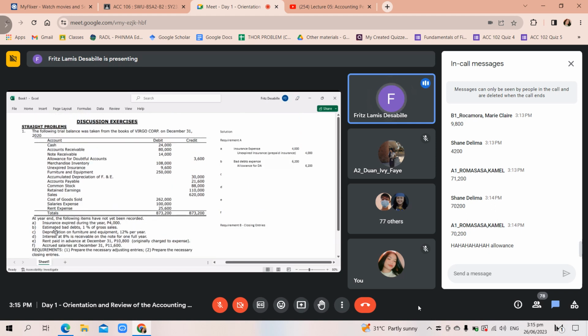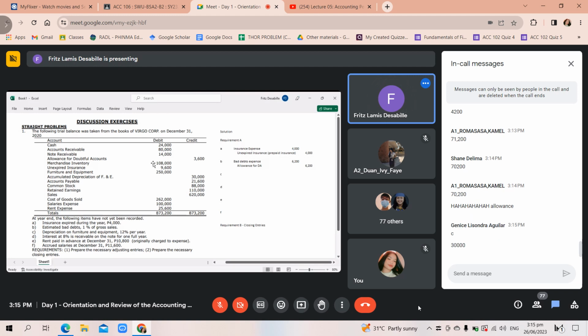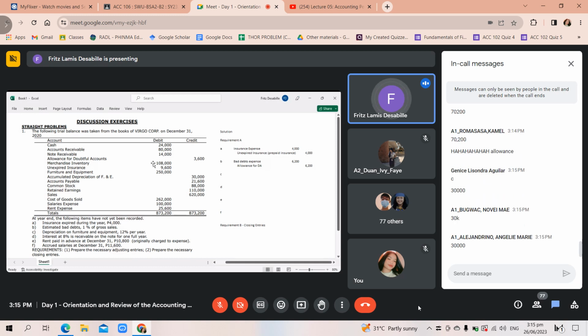Letter C, depreciation on furniture and equipment, 12% per year. Okay. So how much is our depreciation this year? Tanawa itong mga accounts, unsang mga accounts nga pwede ma-depreciate diya, multiply 12%. How much? $30,000.